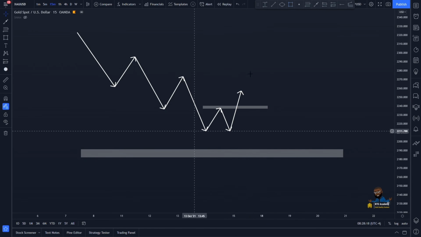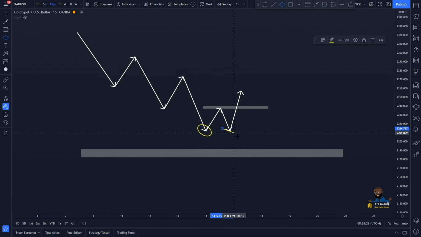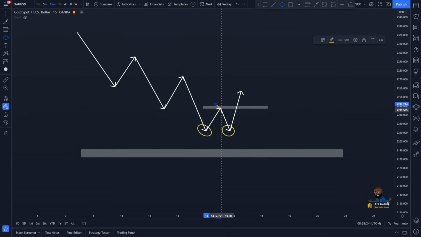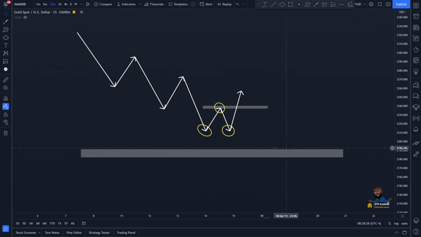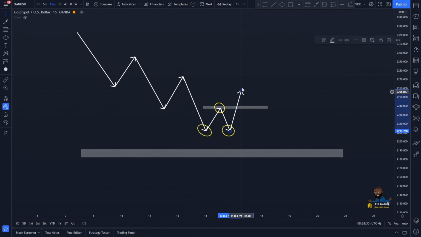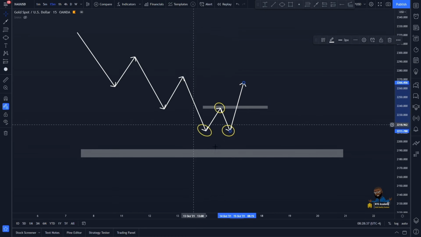These are the two big signs that the market is going to reverse, right? The struggle of breaking a lower low, or if you're in an uptrend, the struggle of breaking higher highs. So we're struggling to break our lower low zone and we broke the previous lower high, right? So these are big signs of reversal.